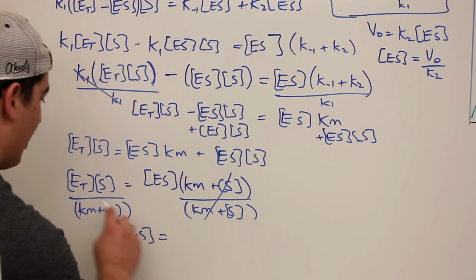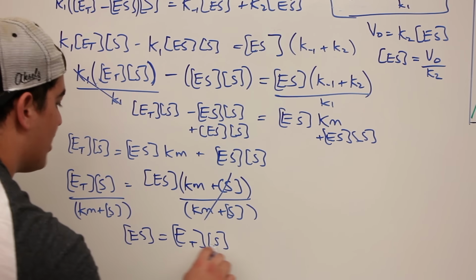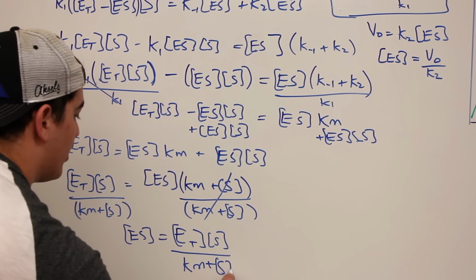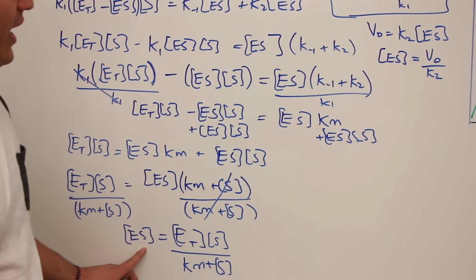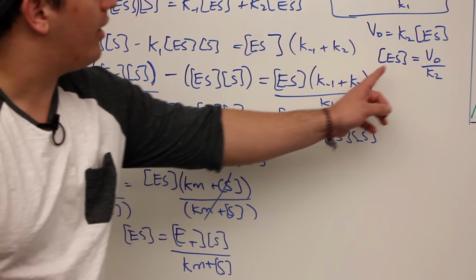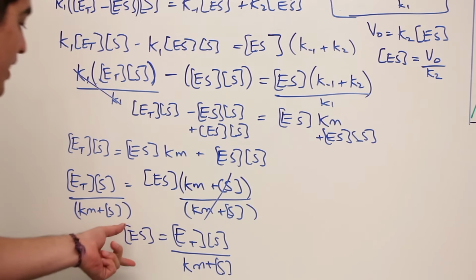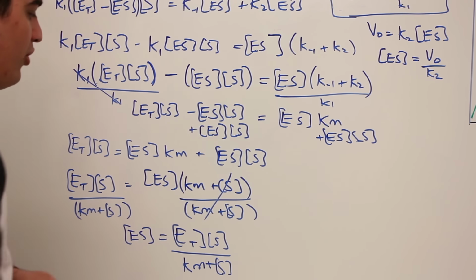This cancels out, and I'm left with enzyme total times substrate concentration all over Km plus substrate concentration. Now, what did I say? Remember I told you that the enzyme substrate is equal to V0 over K2. Well, I'm going to plug that in now, because now's the time that I can apply that concept. So let me go ahead and do that.